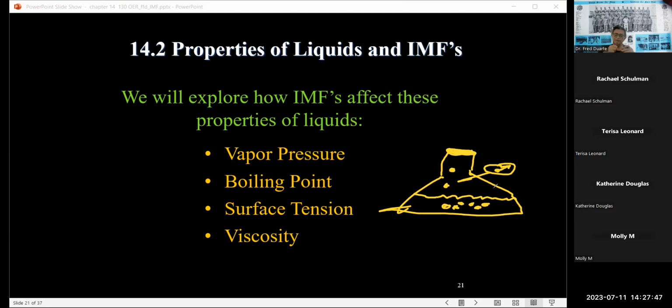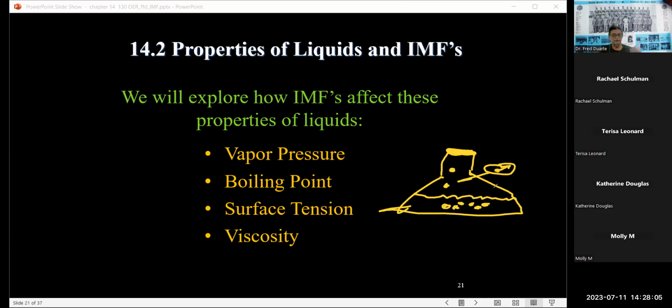You know, as you uncap that thing, you can smell it. It just comes right out. It is very volatile. That suggests that the intermolecular forces for the molecules of the fingernail polish remover are not very strong compared to, say, water.